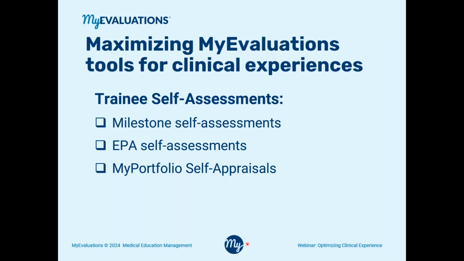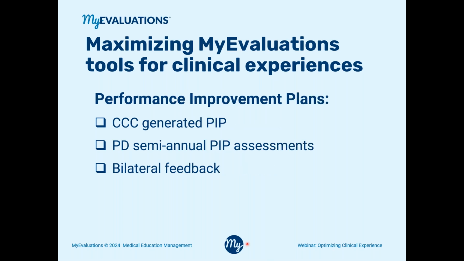As I mentioned, the second component of this is the performance improvement plans. These PIPs, performance improvement plans, are directly integrated as part of the CCC's review of the milestones. This allows the CCC to generate a performance improvement plan, and it also allows the program director to set additional performance improvement plans specifically for the resident.